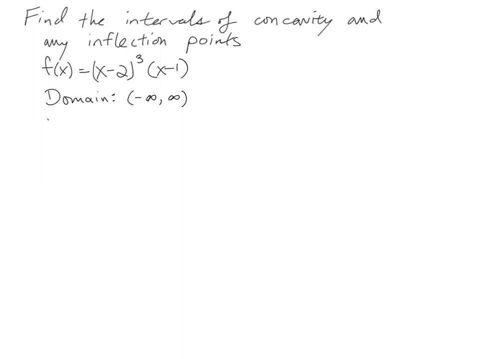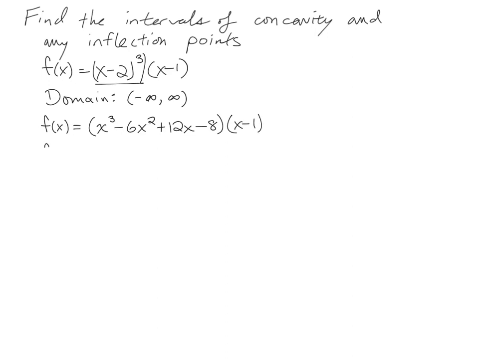The one little caveat I'm going to make is that I don't want to do the chain rule and the product rule here. You can see there'd be a product rule and then a chain rule within that. I'm not about that life right now, so I'm just going to multiply out this (x minus 2) cubed, and it'll be x cubed minus 6x squared plus 12x minus 8, times (x minus 1).